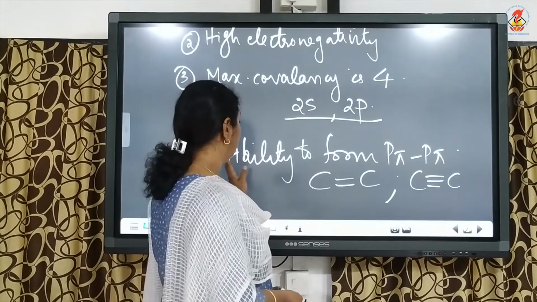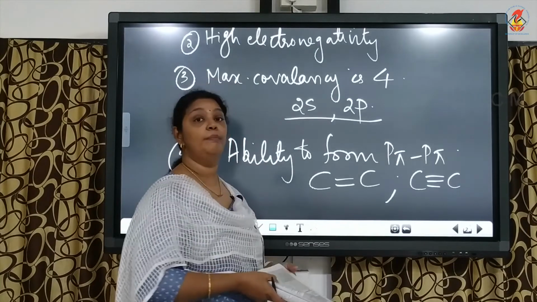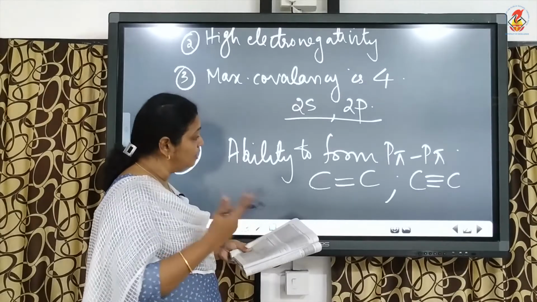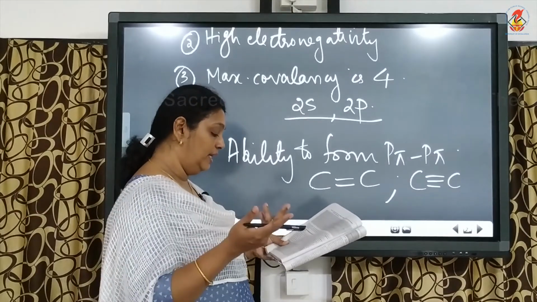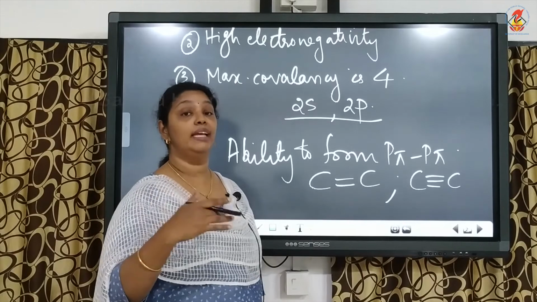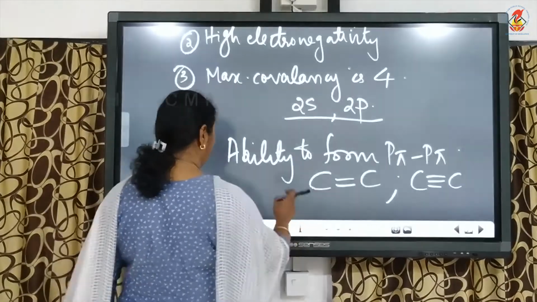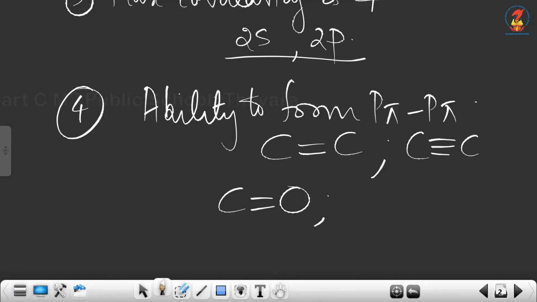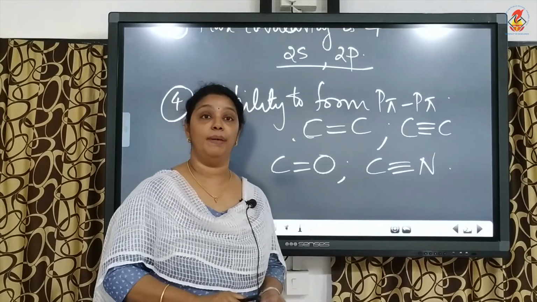So this first element has the ability to form p pi multiple bonds to itself, and also it can form multiple bonds with second period elements. For example, carbon can form multiple bond with oxygen, then carbon can form a triple bond with nitrogen. So this is the ability to form p pi multiple bonds.